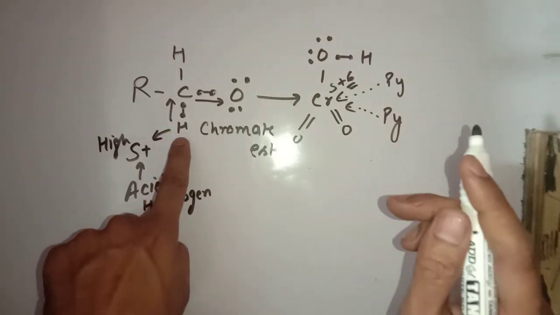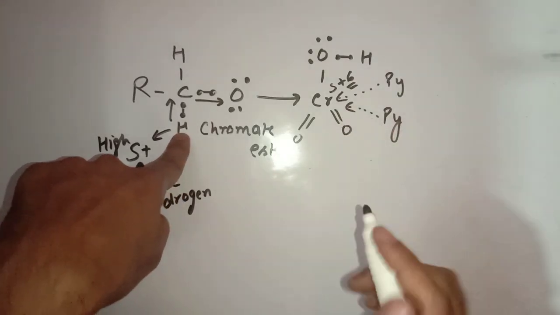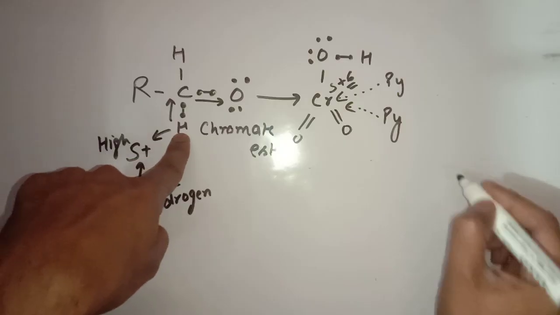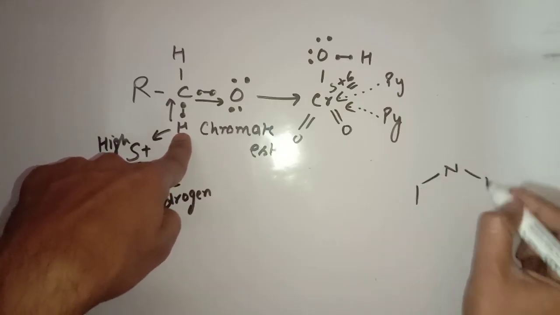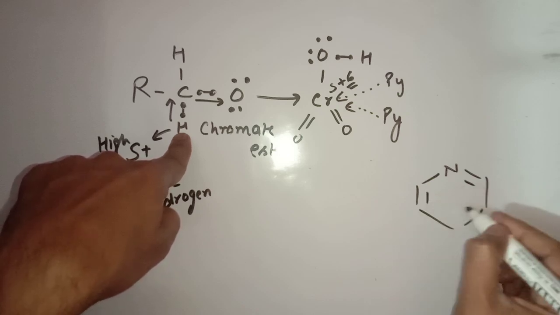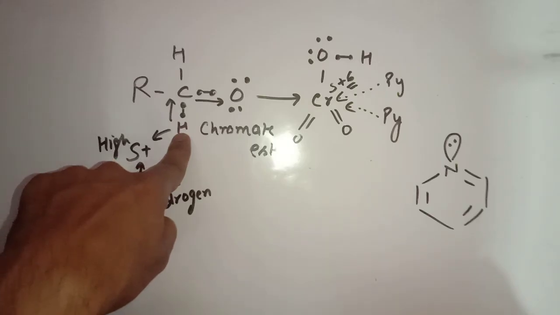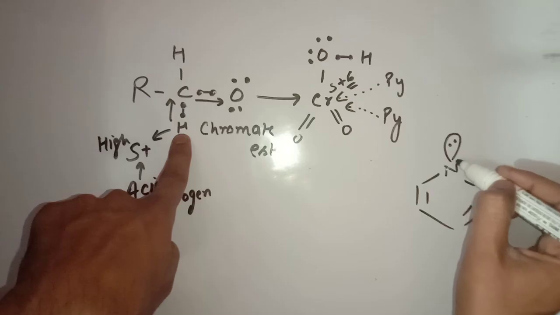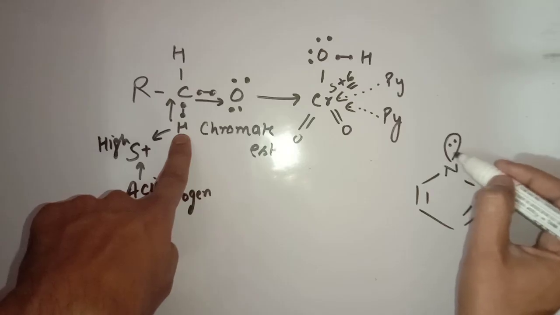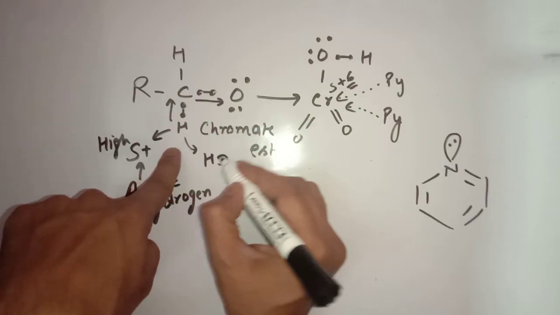But who can release them? There are two ways by which they can be released. The first way is with the help of a base. Which base? Unreacted pyridine particles are working as a base here. Some unreacted pyridine particles will be there. This one, you can check. This nitrogen is carrying a lone pair, and this lone pair has a tendency to accept H positive with a vacant orbital.